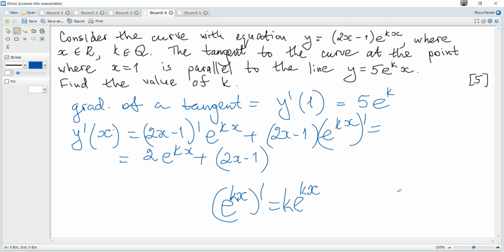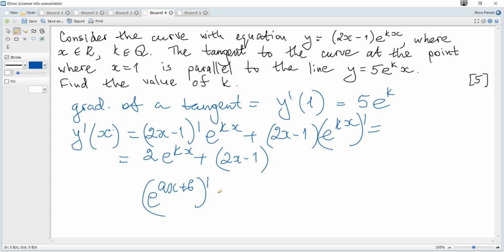Or we also know that if a function looks like a function from the data booklet, but it depends not on x, but on ax plus b, so the derivative of e to the power of ax plus b, we use the same formula as in the data booklet, so it's e to the power of ax plus b, but a arises.